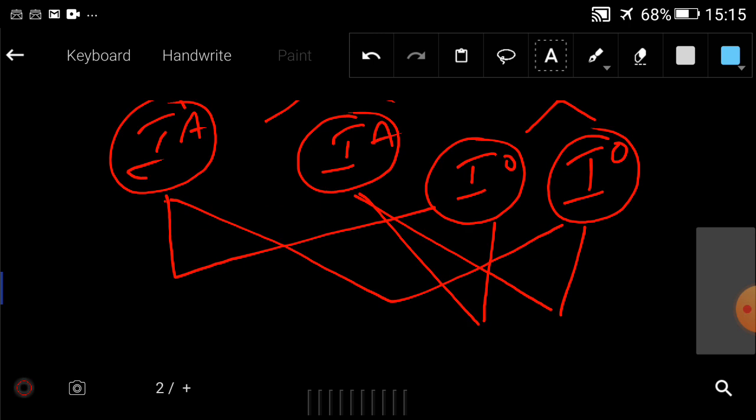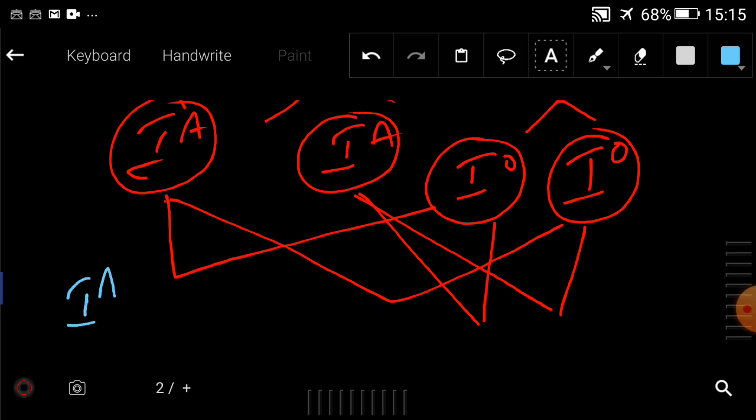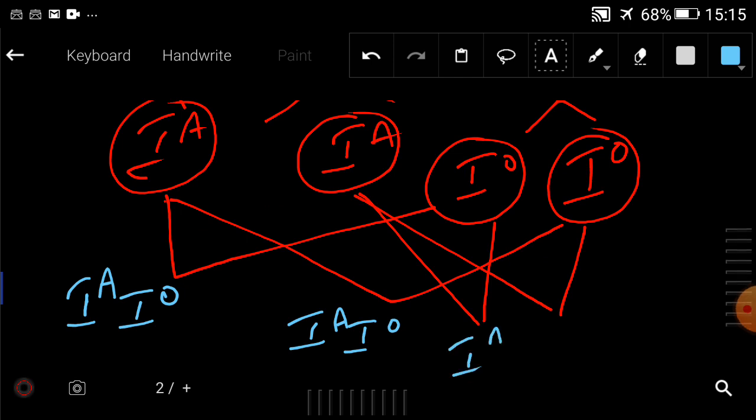With these possible chances, what are the combinations? Once you see this clearly, IA IO, IA IO, next one IA IO, next one also IA IO.